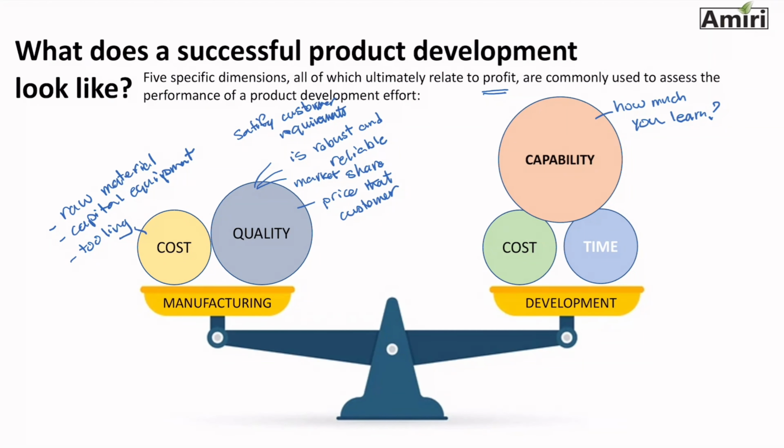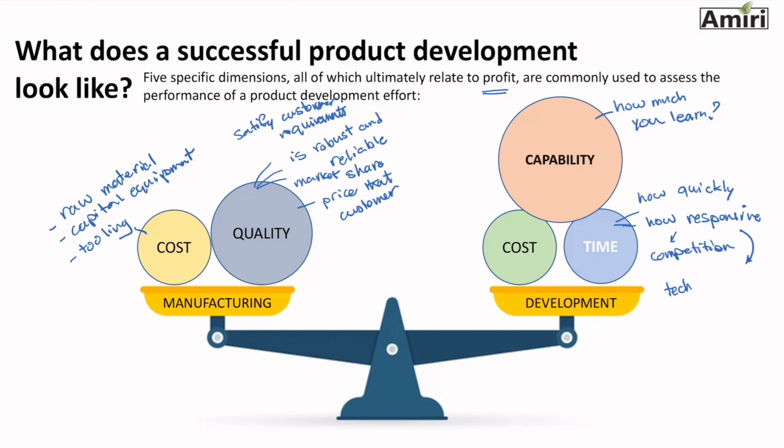Time is another factor that can speak to the success of your product development. How quickly the product was developed is one factor. But also how responsive the team was to the competition and to technological advancement.